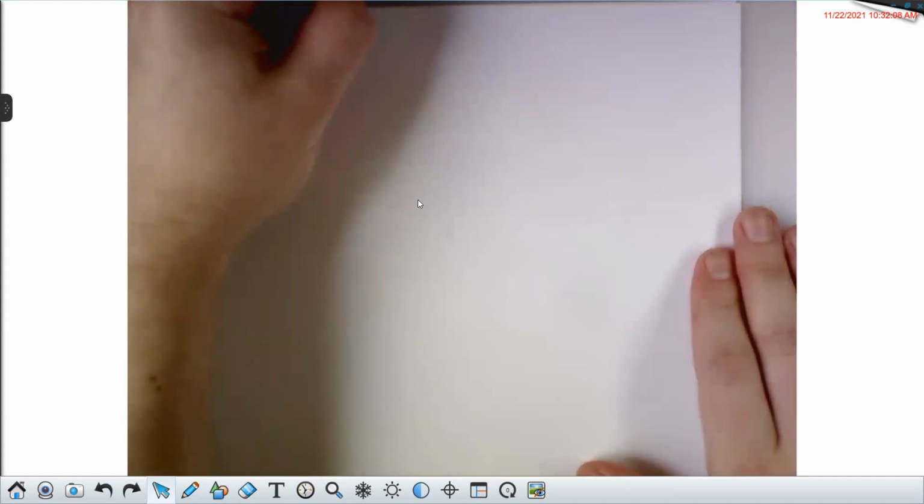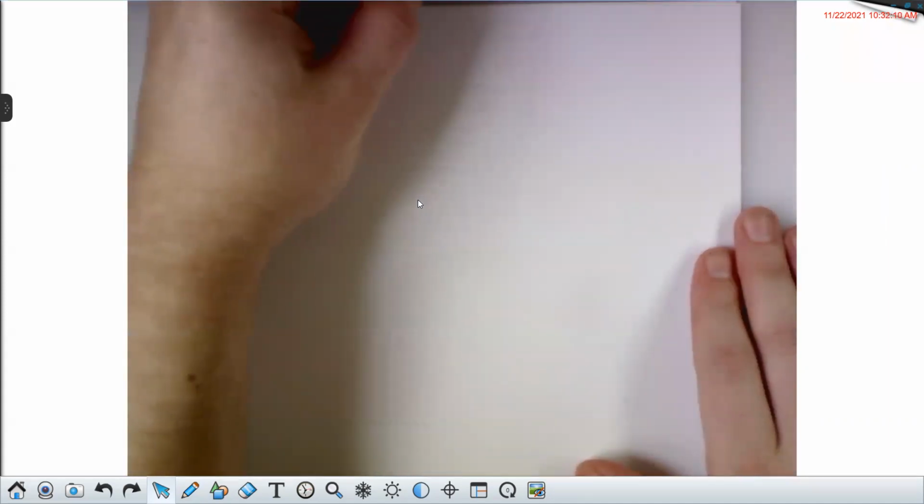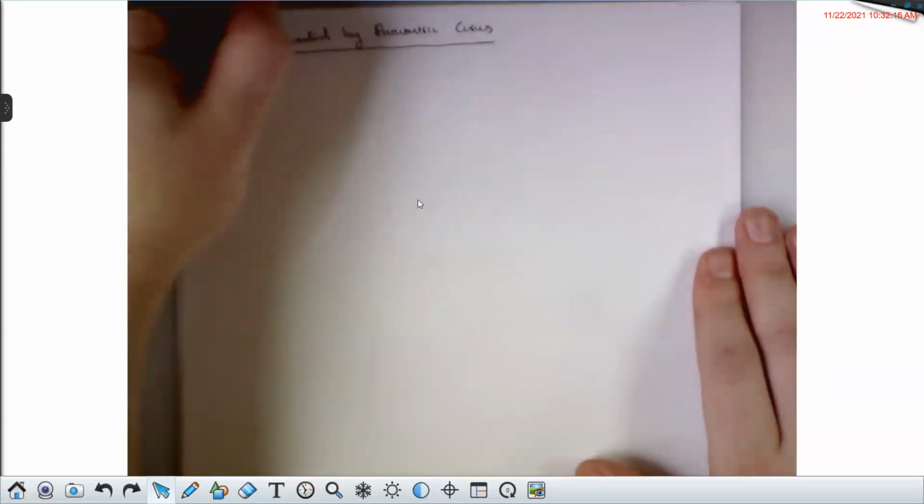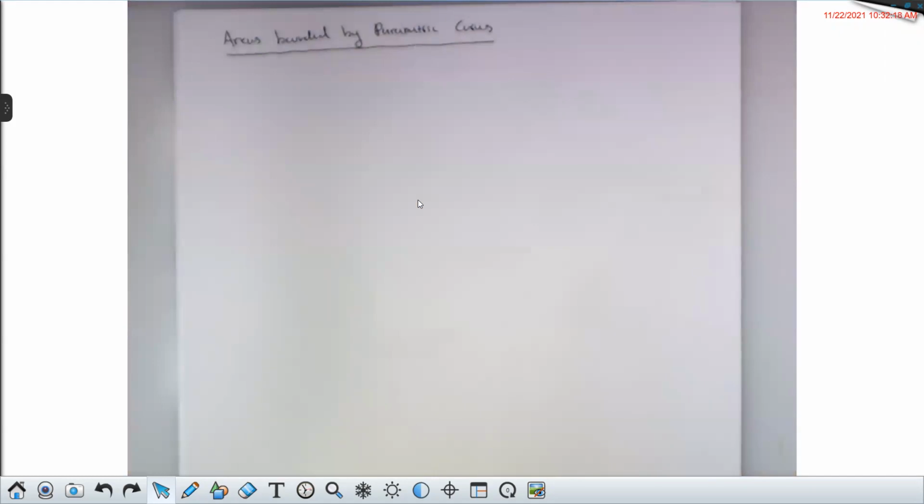Next, I want to talk about areas and arc lengths. Areas are kind of boring. This regular area, so area bounded... All right, this is the other classic calculus problem, finding the area bounded by a curve.